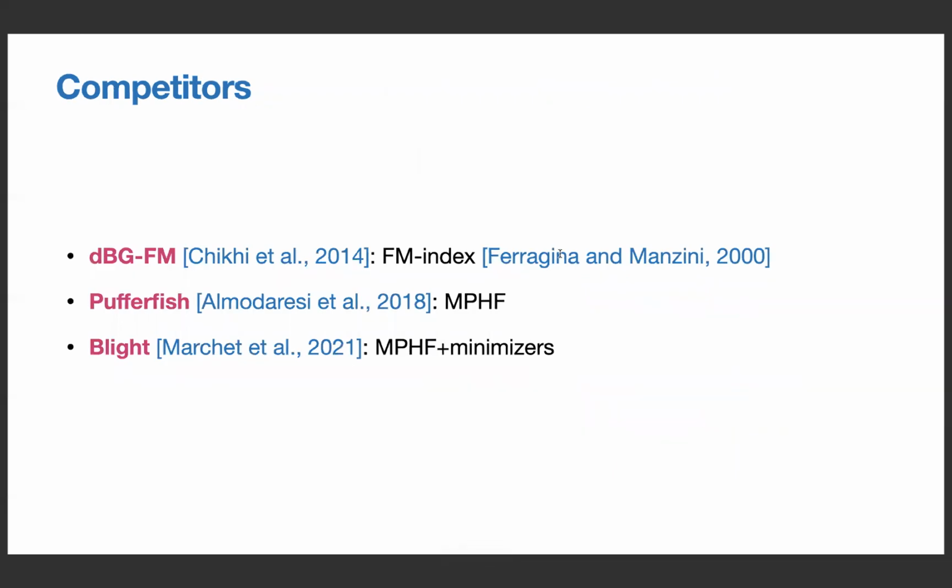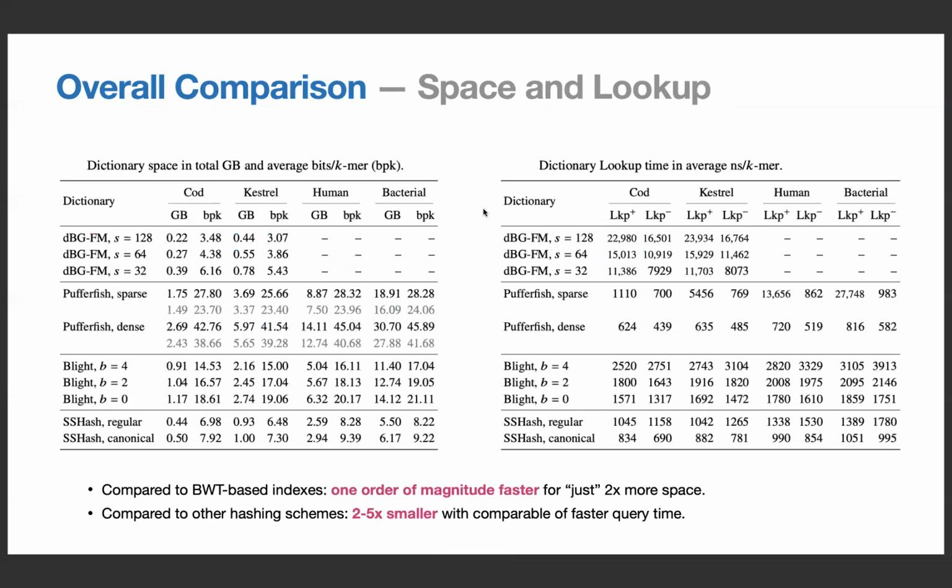Next, we consider comparison against competitive approaches, namely the DBG-FM, which is based on the celebrated FM index, and two recent indexes, Pufferfish and BLight, also based on minimal perfect hashing. This is the result of the comparison regarding space and lookup time. On the left, you have the space of the dictionaries, and on the right, the lookup time.